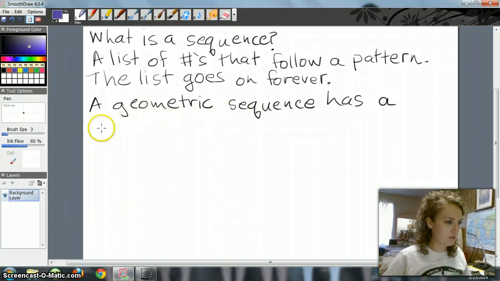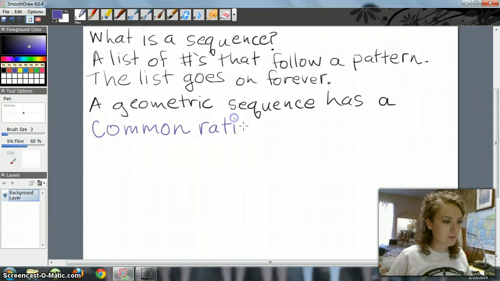I'm going to write this in a new color so that it seems important, because it is. Has a common ratio. So it doesn't just follow any pattern, but it follows a pattern that uses multiplication. And let's take a look at an example of that.